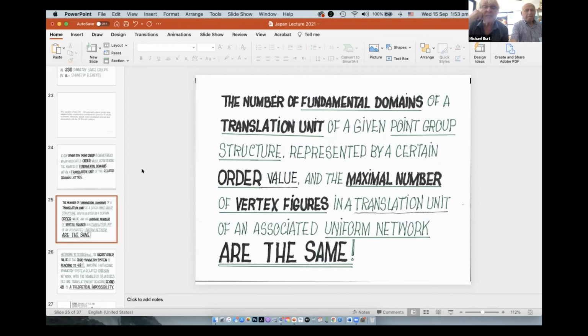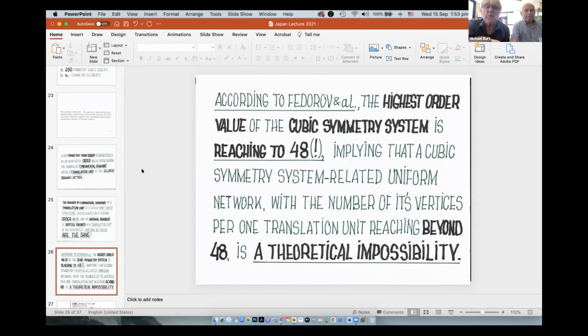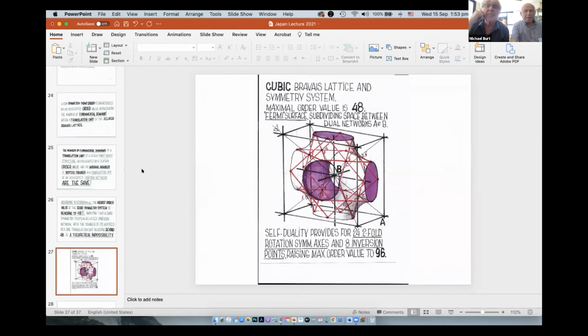Next. According to Fyodorov et al., the highest order value of the cubic symmetry system reaches 48, implying that a cubic symmetry system related uniform network with the number of its vertices per one translation unit reaching beyond 48 is a theoretical impossibility. Only 48.